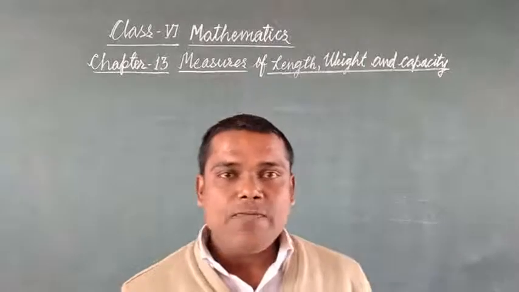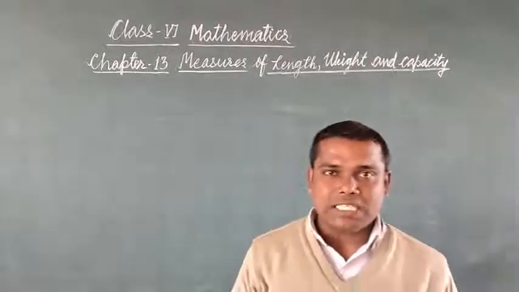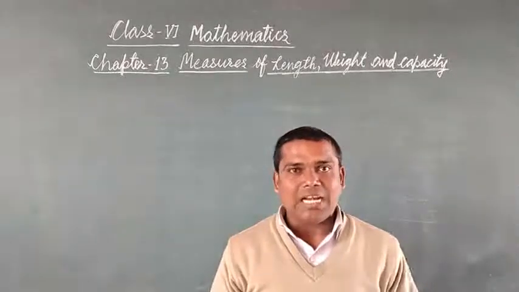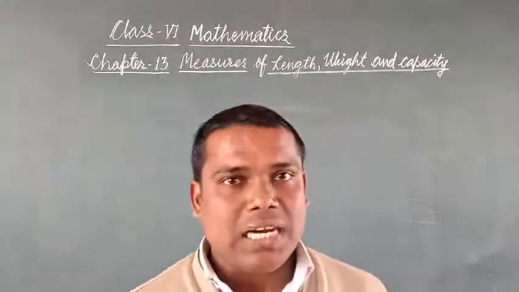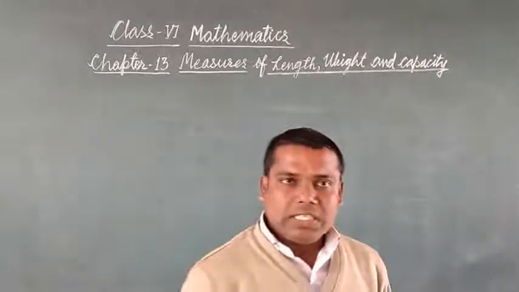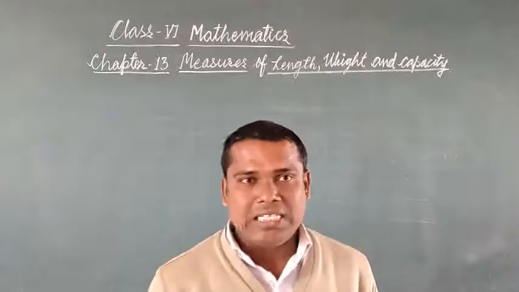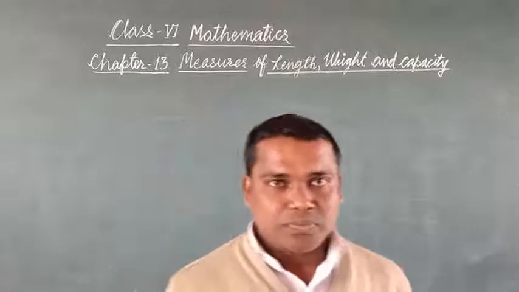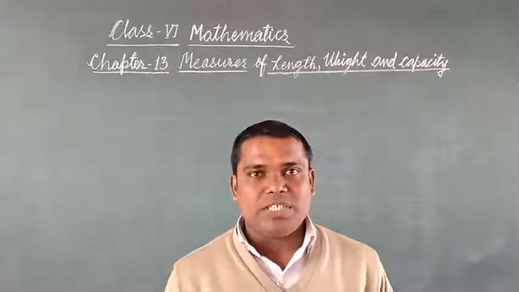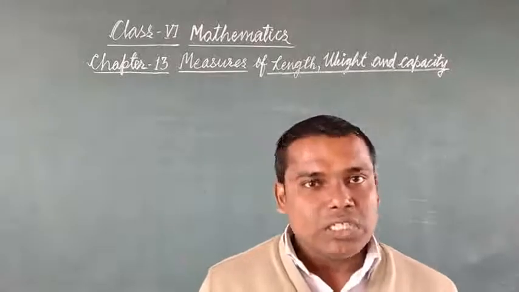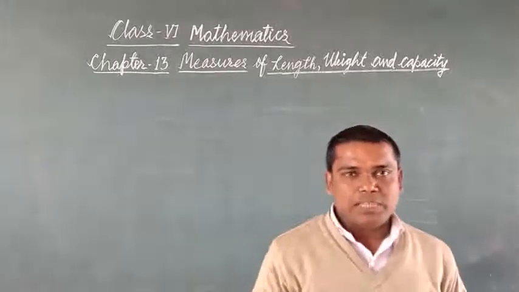Means if we have two distances given, how will we add and subtract? Two weights given, how will we add and subtract? And two capacities given, how will we add and subtract? We will also see how to solve some word problems on the measures of length, weight and capacity.